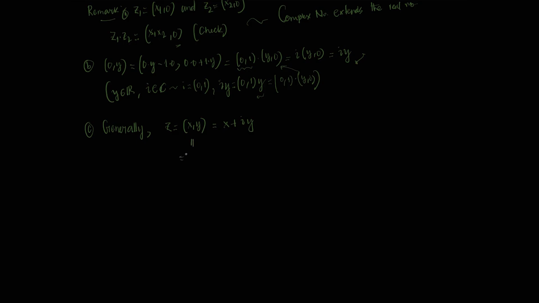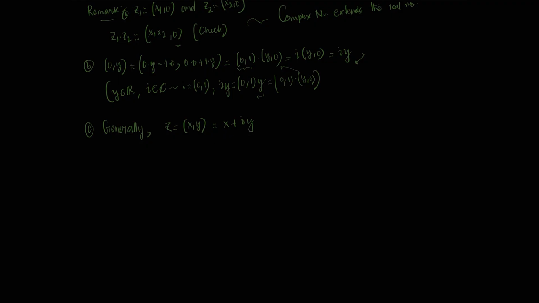You can think of it like this: (x, 0) plus (0, y), we can write it like this according to the addition of complex numbers. (x, 0) remains x, and (0, y) you can think of as i times y, and (x, 0) has imaginary part 0, so that is your real number x. So essentially you are adding x plus i times y. That is how we write z, which is (x, y), as x plus iy.